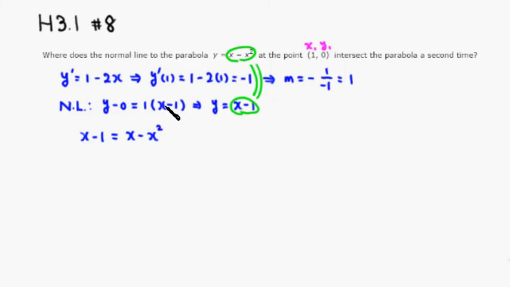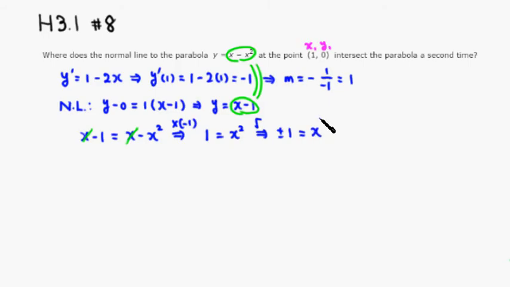We can cancel x on both sides, then multiply both sides by negative 1. That way we get 1 is equal to x squared. Then we take the square root of both sides, so plus or minus 1 is equal to x.